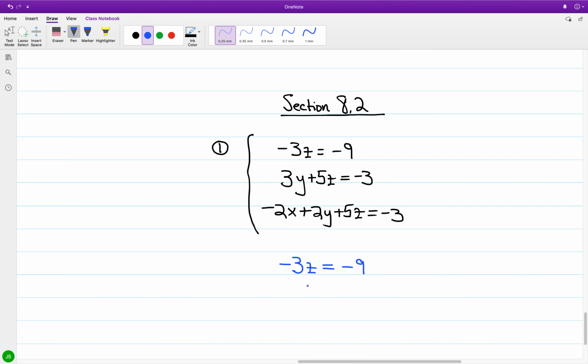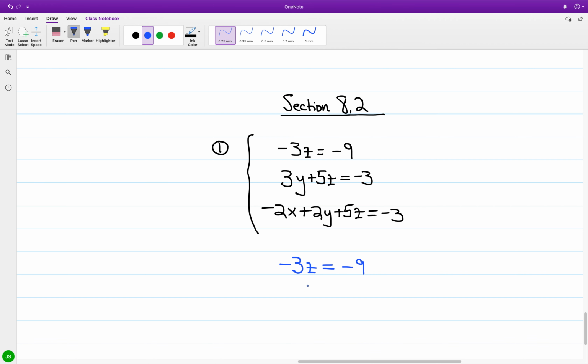For the next equation, we have 3y plus 5z is equal to negative 3. Having already solved for z, I can relay this over to the next equation, solving for y. So you have 3y plus 5 times 3 is equal to negative 3.